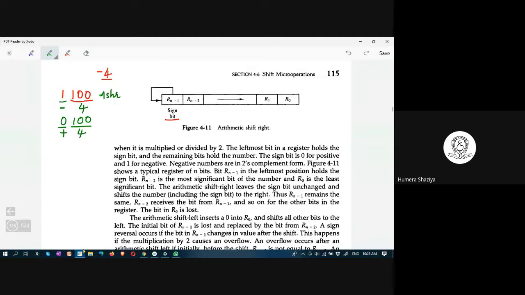You transfer this one here, transfer this one here, and this transfer 0 here, and bring 1 here. Why are you bringing 1 at this position? Because it is a negative number.